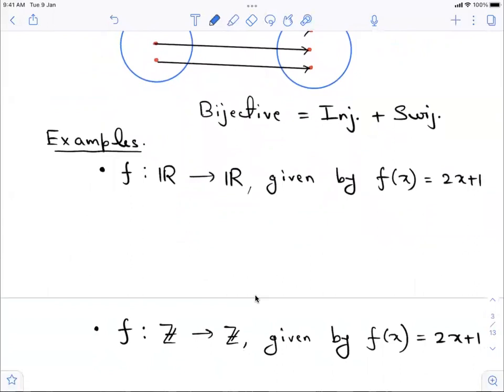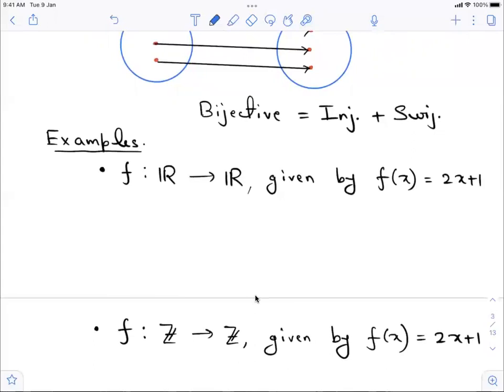So f(x) equals 2x plus 1. What do you think? This is going to be clearly injective. First of all, is this a function? I'll leave it up to you to check. Is this injective?